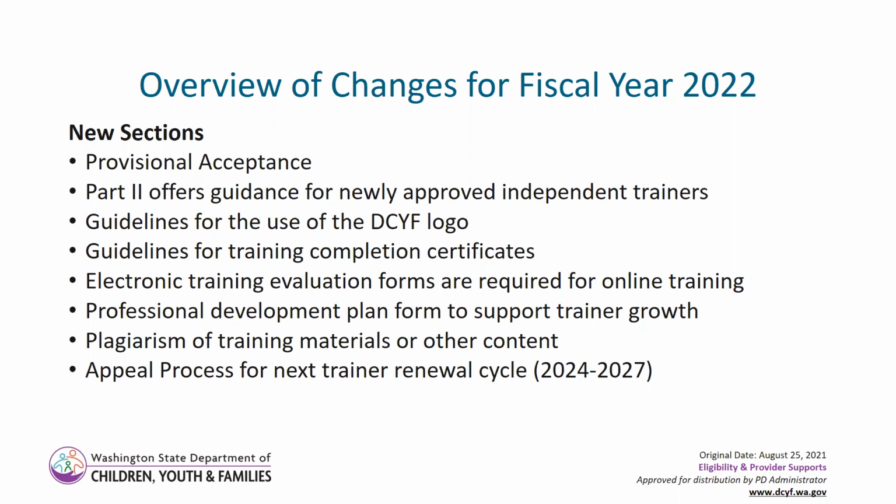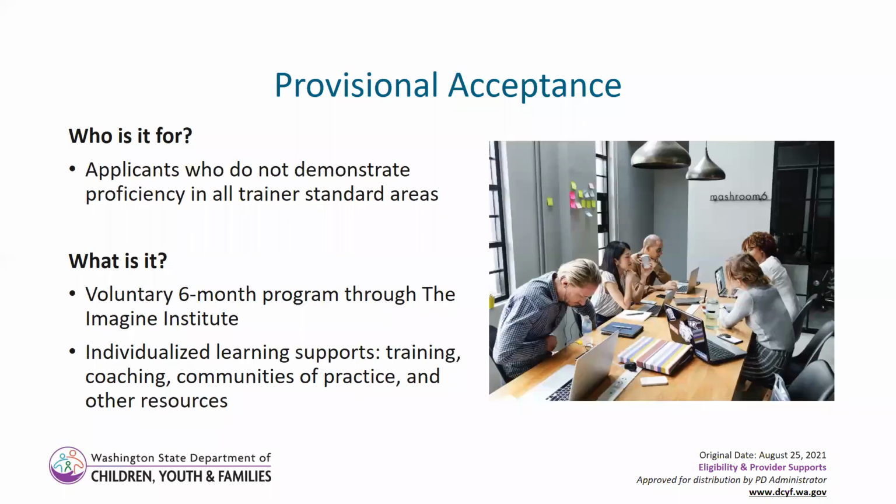There's also a couple new things around professional development plans for trainer growth. There's a new plagiarism policy, as well as an appeal process for the next trainer renewal cycle. And we'll go into some of this in more detail.